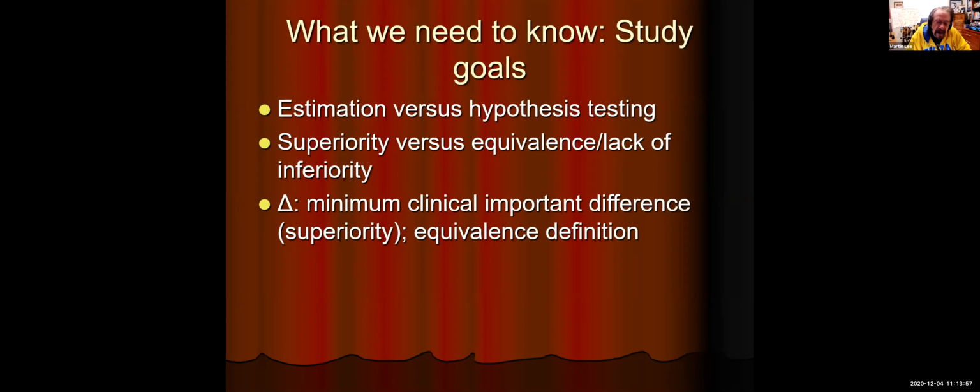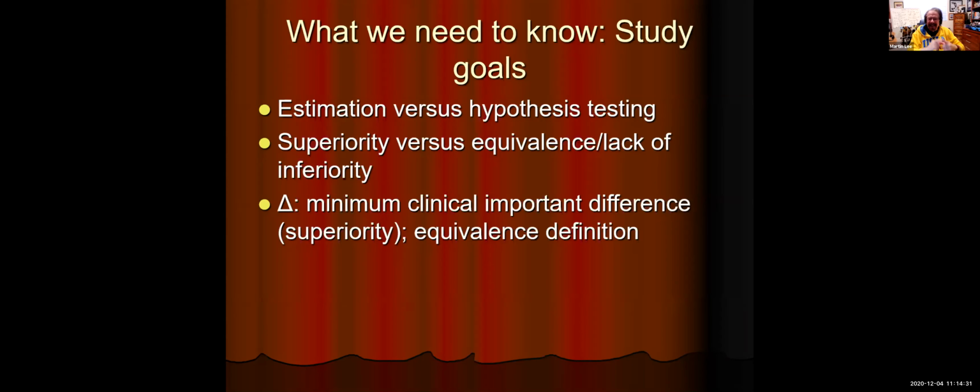And then very, very important, this last bullet point on this slide, which is, what are you really trying to show? What we call the minimum clinically important difference, which is the term we use in statistics, or the symbol we use in statistics, delta. Okay, how good do you think this really is? Now, nobody ever knows, of course. We like to think we've invented something that will work, but we don't know for sure. But in designing a study, we need to say, how good do you think this is going to work?